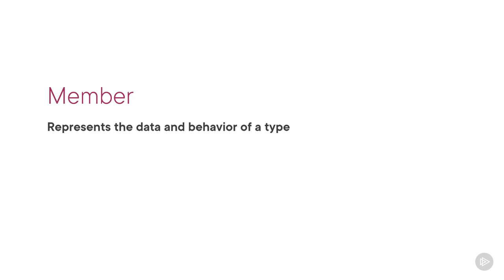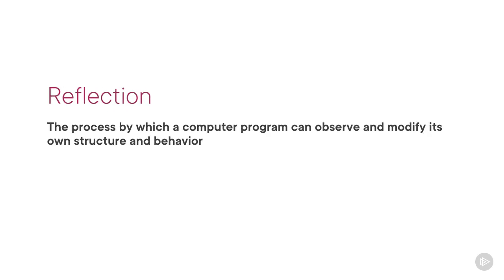Alright, now what does all of this have to do with reflection? Let's have a look at what reflection is, and this is coming straight from Wikipedia. The definition wasn't written with C# in mind, but it does perfectly fit. In computer science, reflection is the process by which a computer program can observe and modify its own structure and behavior.